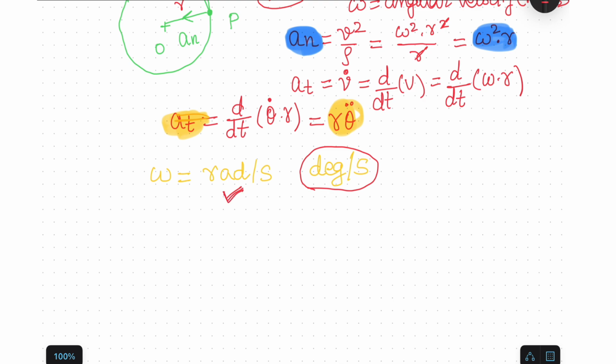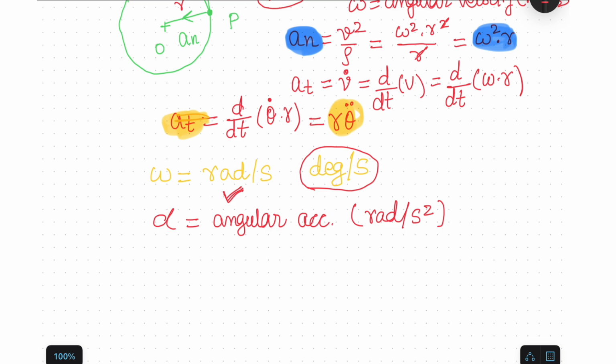Similarly, for alpha, which I didn't discuss, this is the angular acceleration. Its unit is radian per second square. So these are the SI units, and we always work in radians.